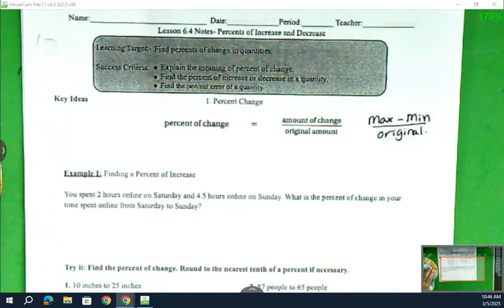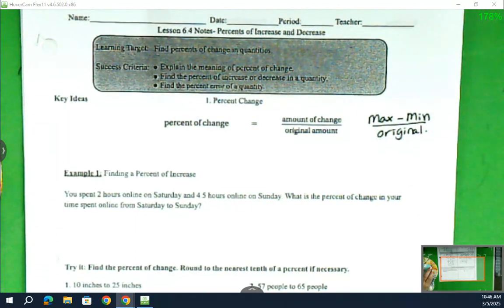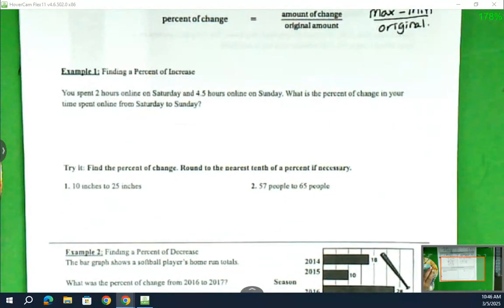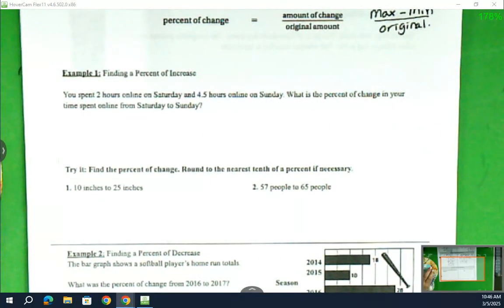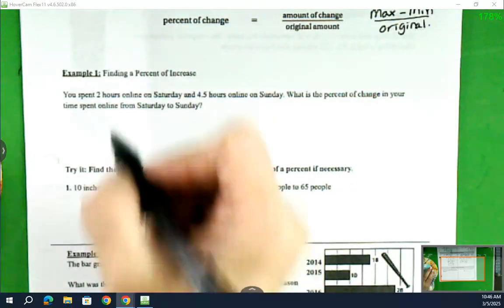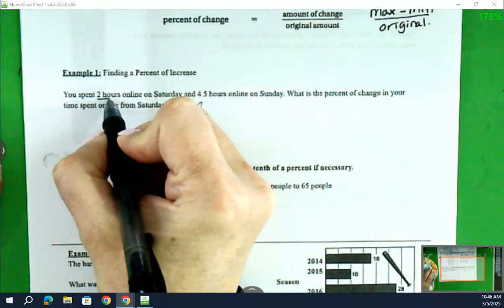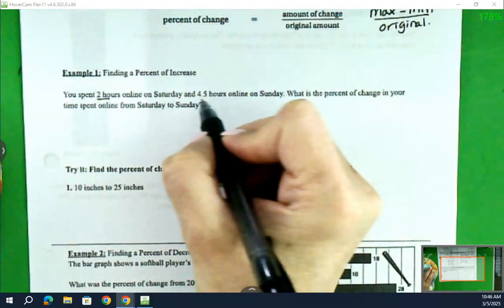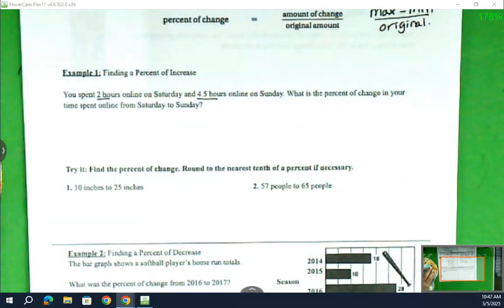So looking at example number 1, we have finding a percent of increase. You spent 2 hours online on Saturday and 4.5 hours online Sunday. What is the percent of change in the time spent online from Saturday to Sunday? So the first thing we can notice is that instead of the 2 hours on Saturday, we spent 4.5 hours on Sunday.